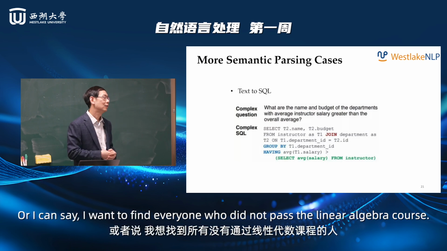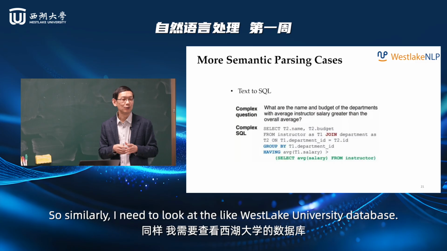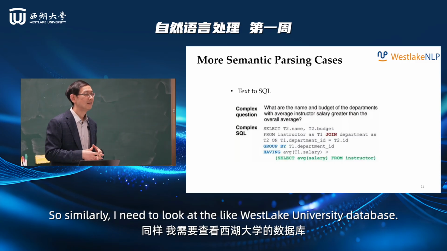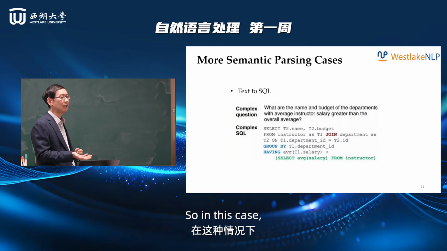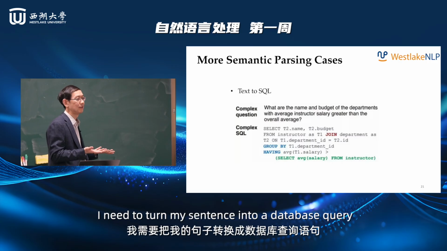Or I can say, okay, I want to find everyone who did not pass the linear algebra course, okay. So similarly, I need to look at the Westlake University database. All right, so in this case, I need to turn my sentence, right, into a database query.